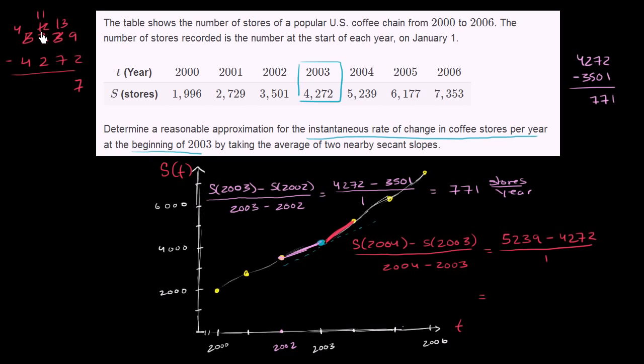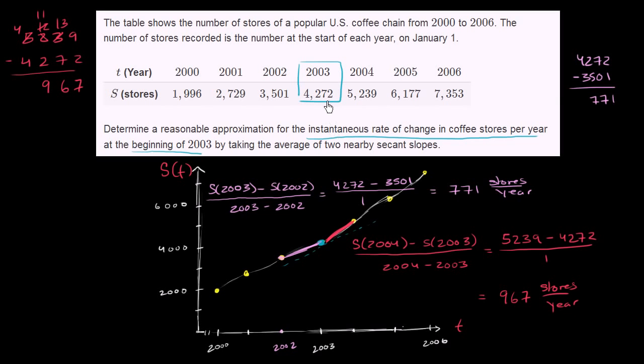We took 100 from here, and that gave us 10 tens. So now we're ready to subtract. 13 minus 7 is 6, 11 minus 2 is 9, and then 4 minus 4 is 0. So it's 967. So this is equal to 967 stores per year. So we really just have to take the average of this number and that number to approximate the instantaneous rate of change.